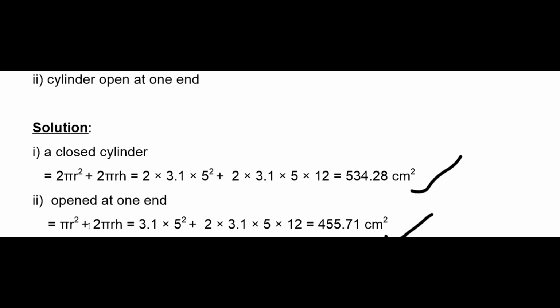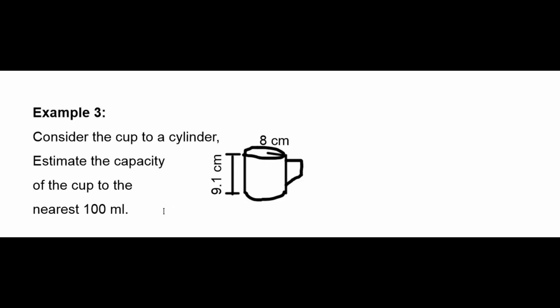If we substitute into this formula, we have 3.1 times 5, which is the radius, square, plus 2 times 3.1, which is the pi, times the radius times the height. If we do that, we have 455.71.